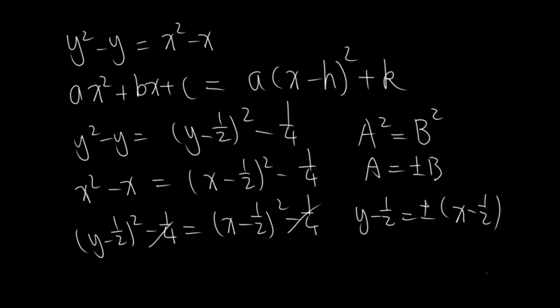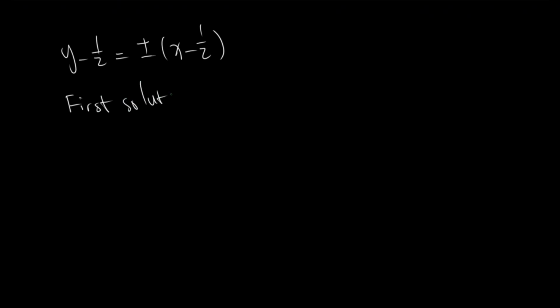Now I'm running out of space. I'm going to delete this. So as I said, y minus a half is equal to plus or minus x minus a half. So the first solution is y minus a half equals x minus a half. And that's just y equals x.